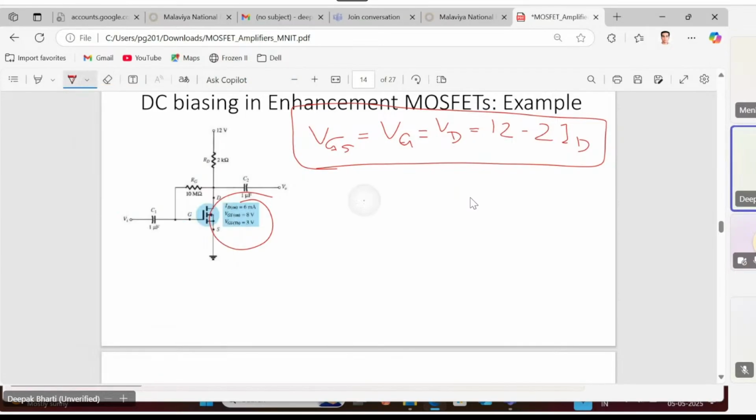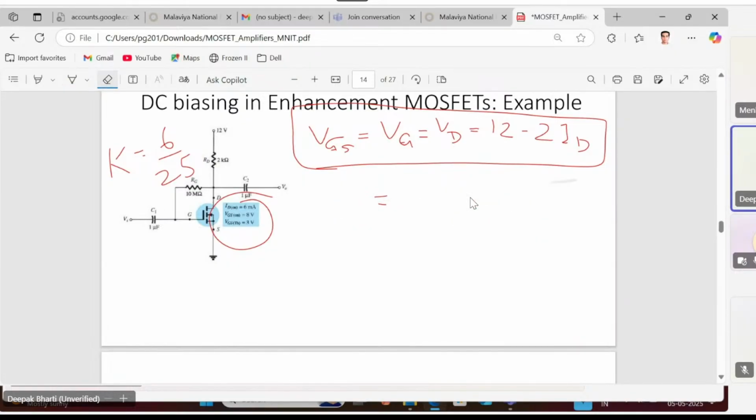K value will be like 6 is equal to K (VGS minus VT) squared. How much is VGS? VGS is 8 volt and VT is 3 volt. So how much is K? K is 6 by 25 milliampere per volt square. I am writing it separately here. 6 by 25.